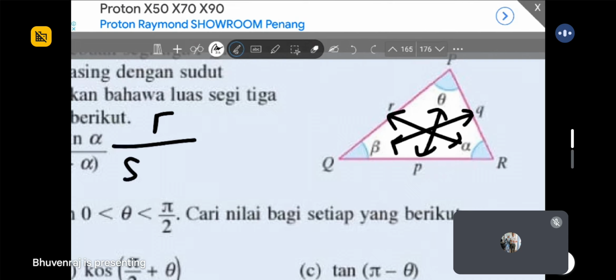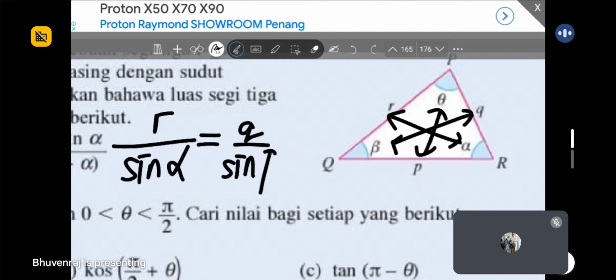So R over sine alpha equal to Q over sine beta equal to P over sine theta. So this is your formula, guys. Ini rumus dia. So now, what you need to do is express R and Q in terms of the other terms. Kamu ungkapkan R dan Q dalam sebutan lain.